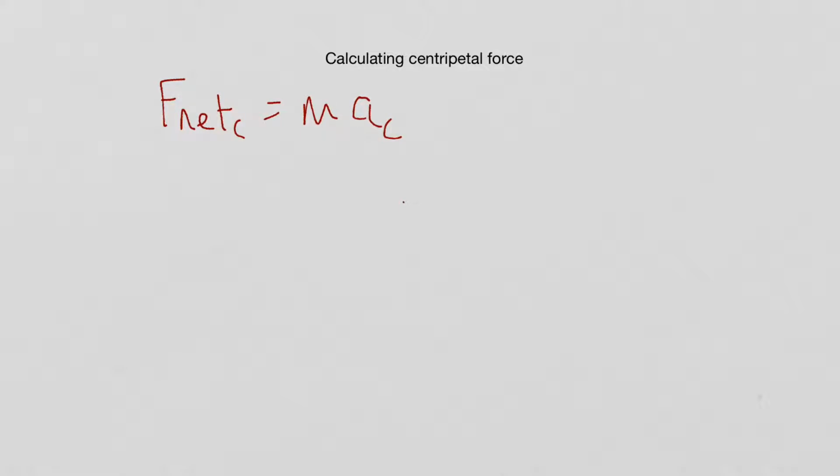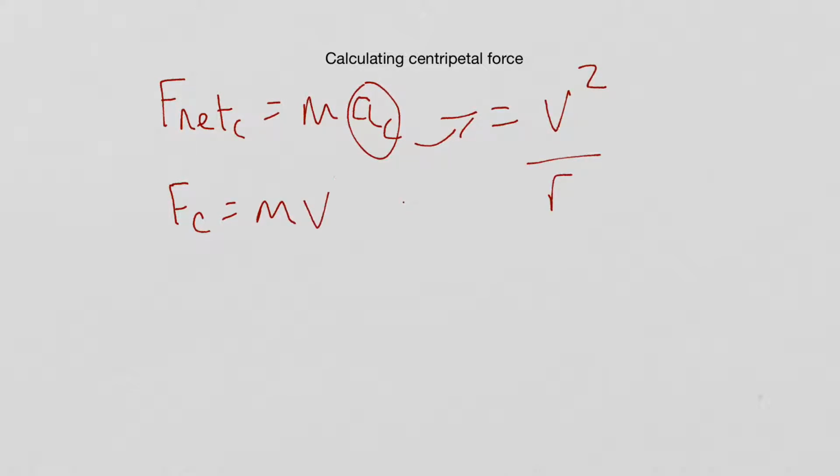So the centripetal force is mass times the centripetal acceleration, and we already have that equation. It's v squared divided by r, so we can just plug that in, and that's where that comes from. Then we can do some pretty simple calculations based on that.